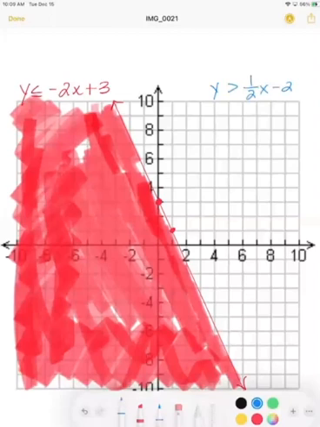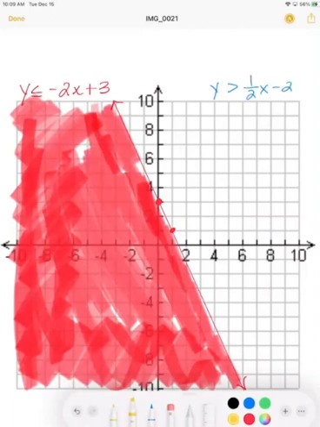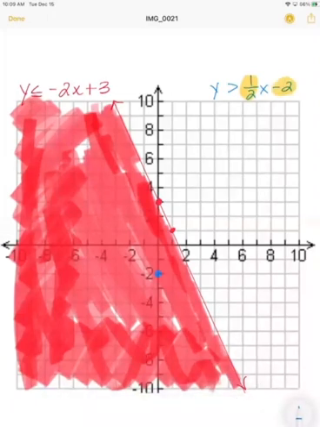As you can see, my slope is 1/2, which means it's a positive 1 over 2, and my y-intercept is -2. So in blue, I'm going to go down to 0, comma -2, which is here. And then my slope is 1/2, so I'm going to go up 1 and over 2.